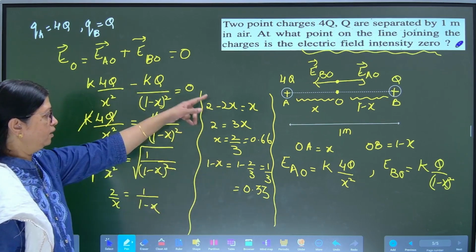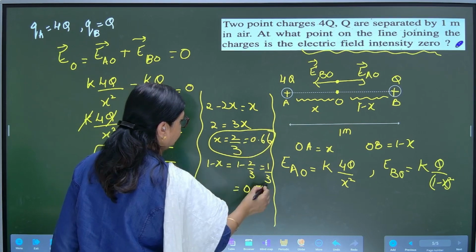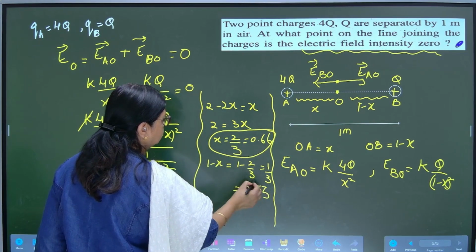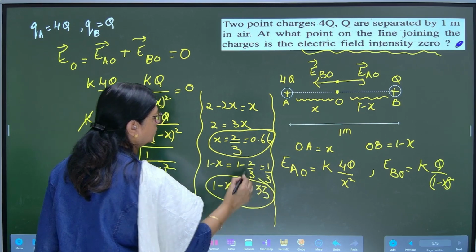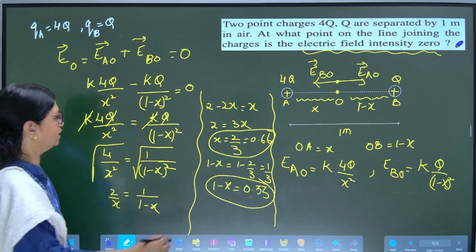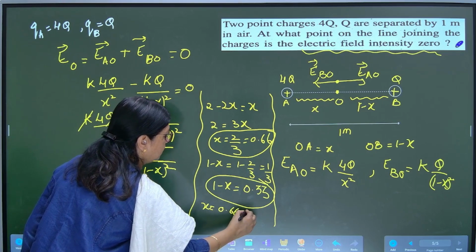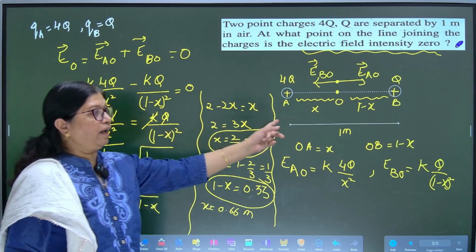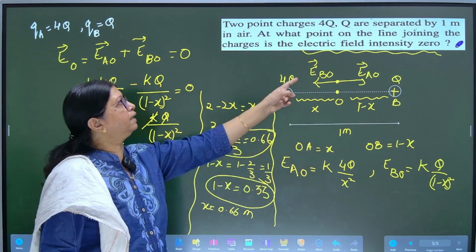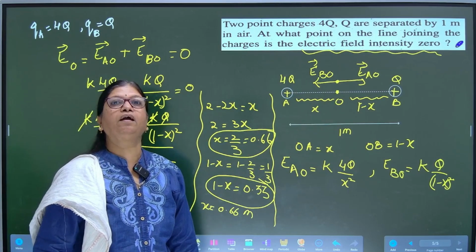So that the total of these two is 1. So what should your answer be? That at x is equal to 0.66 meter from A, the electric field intensity is 0. That should be my answer.